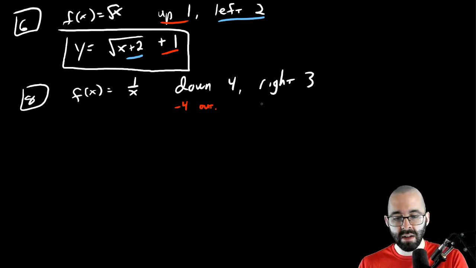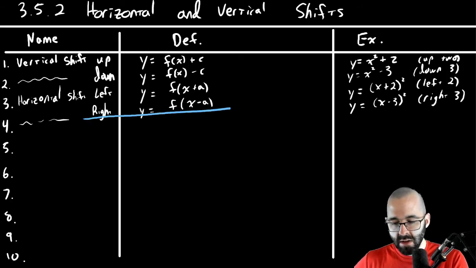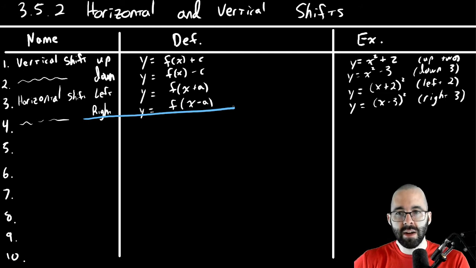Right 3 is minus 3 on the inside. Remember, anything on the inside sort of moves backwards from what you might think. But if you ever forget, just look at the table. Right 3, how do we find right 3? Subtract 3 on the inside.